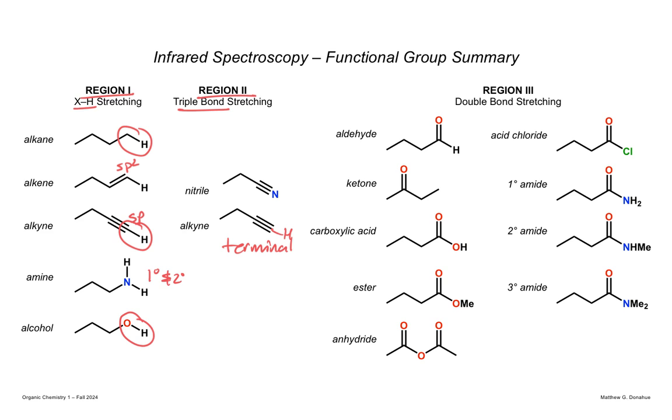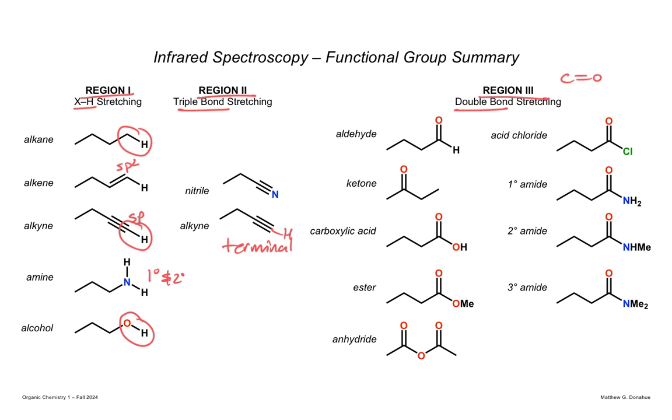If it's an internal alkyne, again, the dipole moment's really small, and the IR light will not detect it. And then finally, region 3, your double bonds, really focused on carbonyl groups.